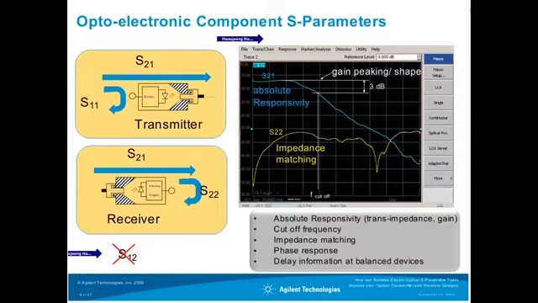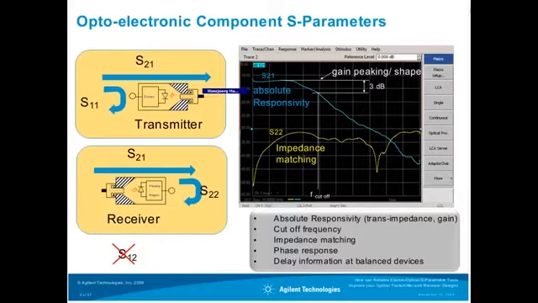If you look at a typical S parameter measurement, here we have this for a detector. You see the S21 for a detector, and you see the absolute responsivity over frequency. So the evolution over frequency shows how the absolute responsivity decreases because of the limited bandwidth of this component.